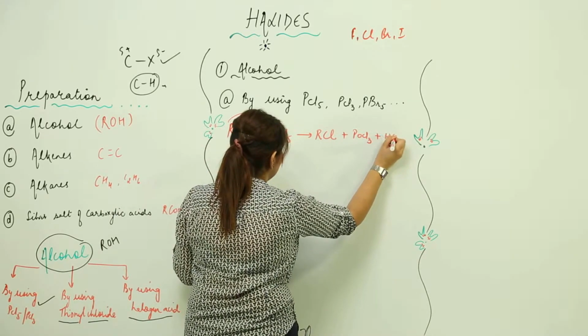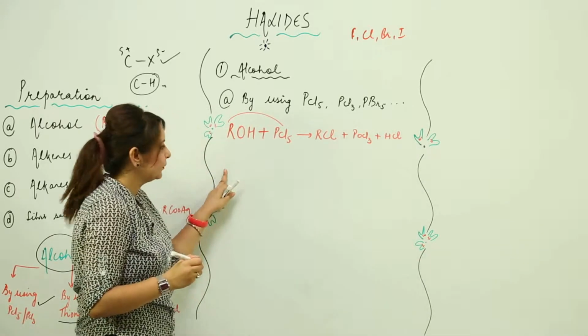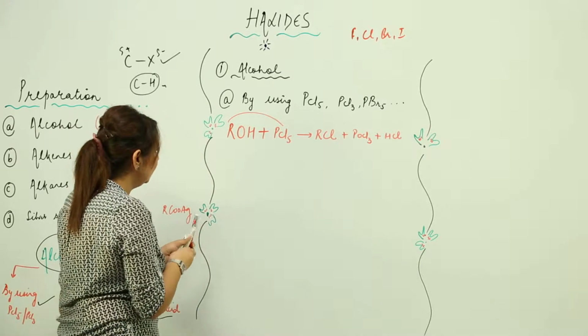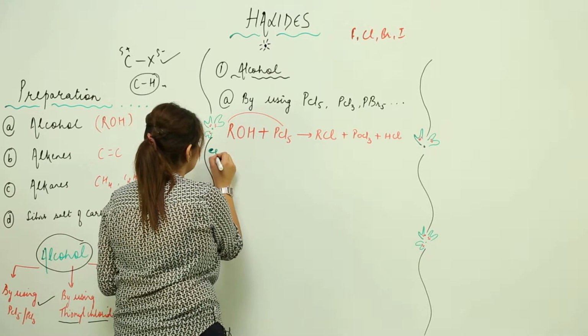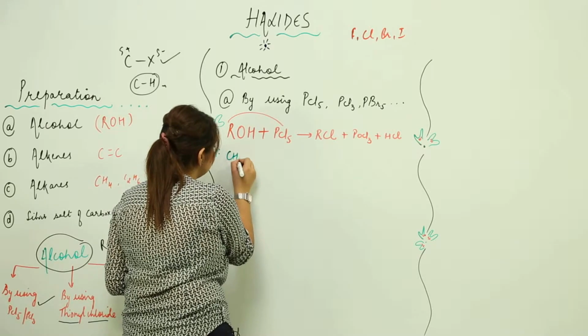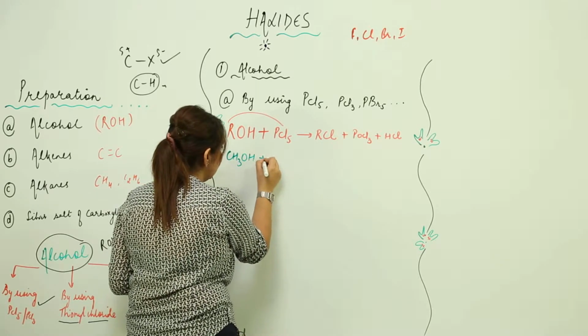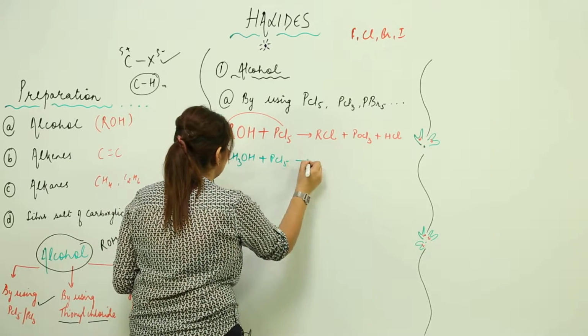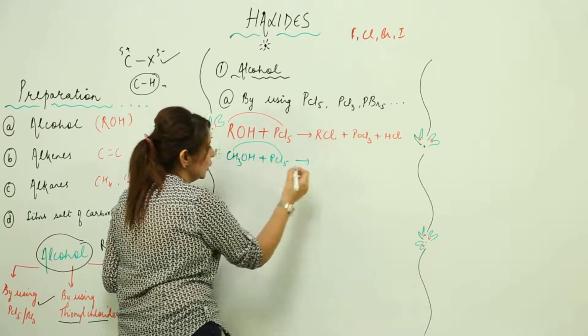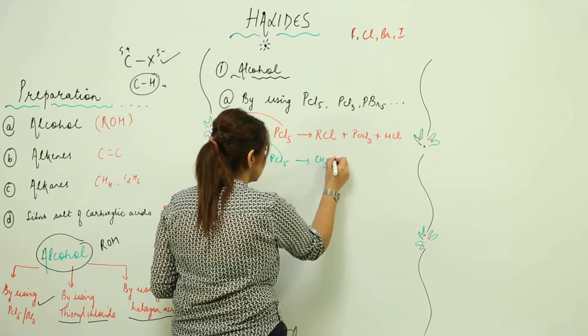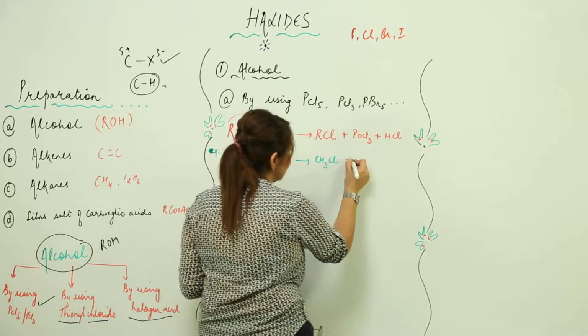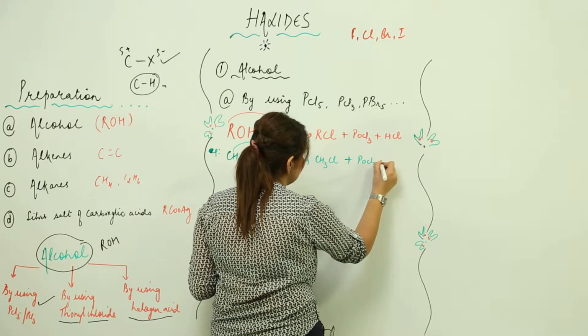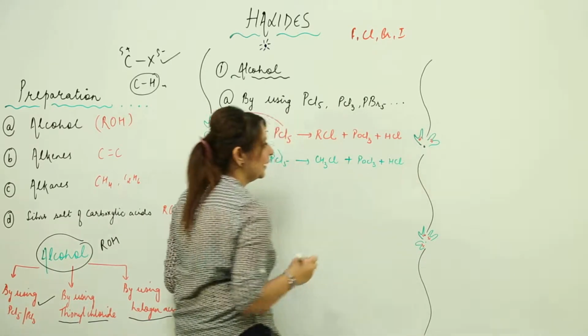And along with that we get hydrochloric acid. Let's take one example. So let's say we have methanol. I am adding PCl5 to it. So what I'll get is RCl, that means I'll get methyl chloride and my side products will remain the same, POCl3 plus HCl.